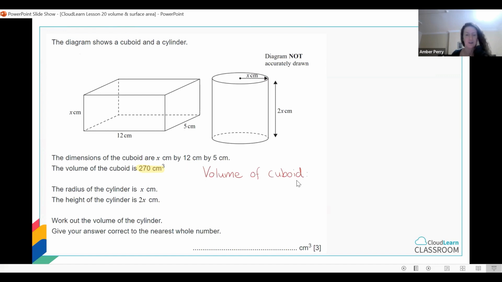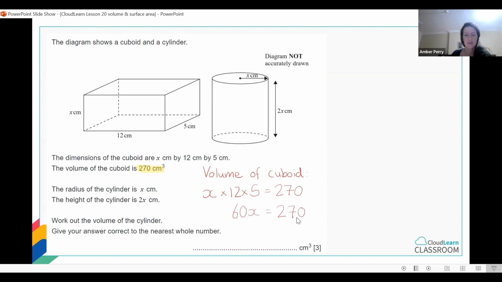So the volume of the cuboid is x times 12 times 5, and we're told that that's all equal to 270 centimeters cubed. So I've created myself a little equation here, and then I'm going to tidy that up, and 12 times 5 is 60, so I've got 60x is 270.